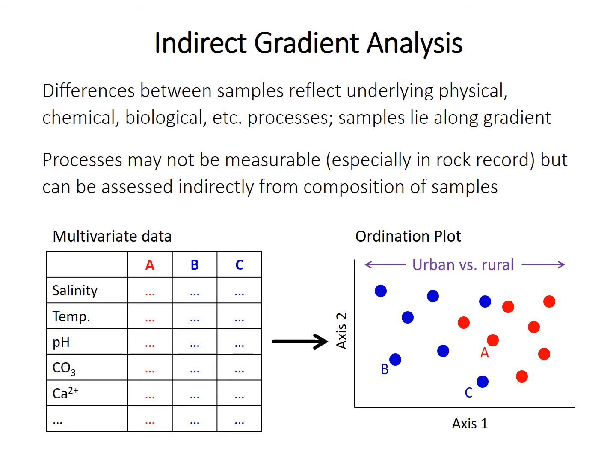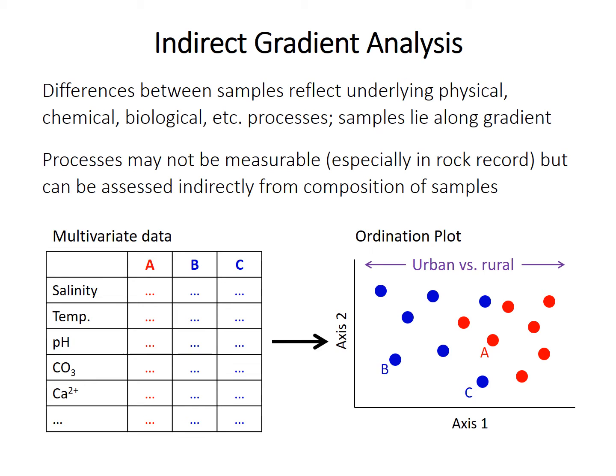So the main premise is that the differences between samples, or between sites or whatever, reflect underlying processes, and those samples can be arranged along gradients in those processes. So the process itself might not be measurable or observable. This is probably especially true in the deep time rock record or a lot of the geological observations we might have.